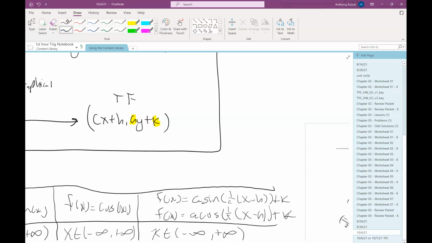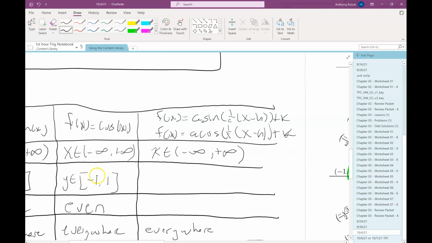So notice when we look at the map, the A is multiplicative. It's being multiplied to the y coordinate. And the K is additive. It's being added to the y coordinate. So the range before was -1 to 1. So we're going to have K, which is added, minus the absolute value of A, to K plus A. So the -1 got multiplied to the A, and then we added the K to it.